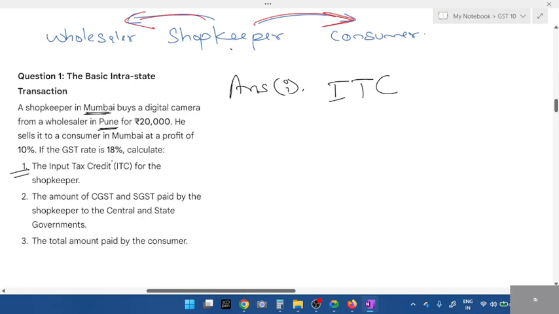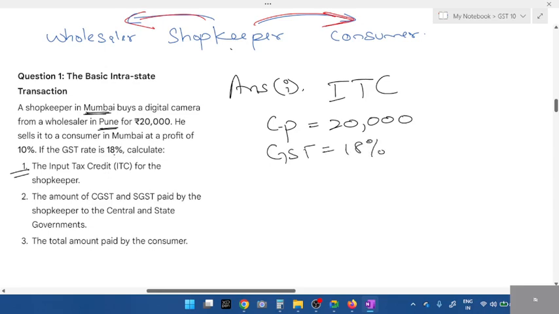It is not IGST, it is same state. Therefore, cost price is equal to 20,000 and GST, input tax. If you want to find GST, GST is equal to 18%.